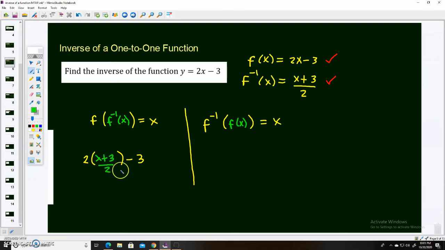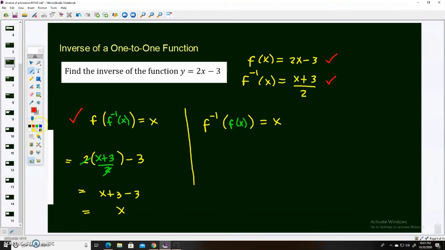The 2 will cancel out, so you will just be left with x plus 3 minus 3, and that's x. As you can see, the result is x, so this condition is satisfied.